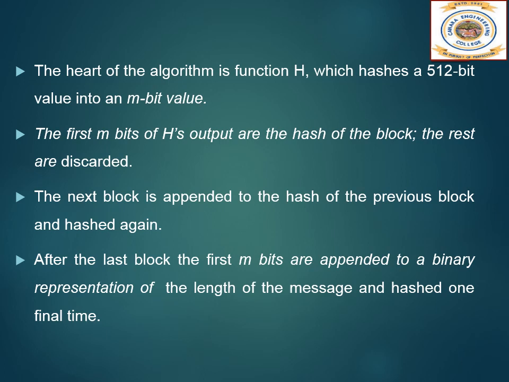The initial block is appended to a string of zeros. After the last block, if the message isn't an integer number of blocks long, zeros are used to pad the last block. The first m bits are appended to a binary representation of the length of the message and hashed one final time.